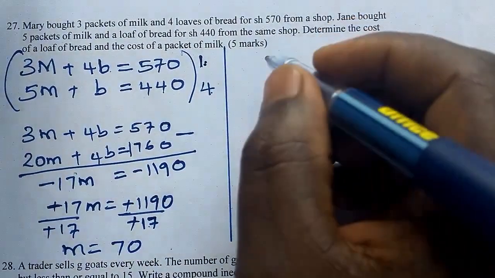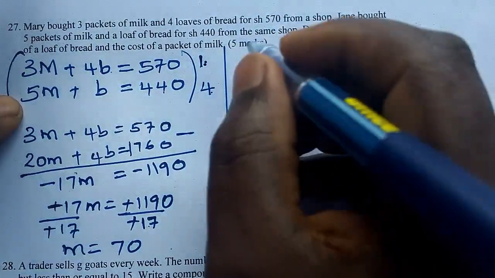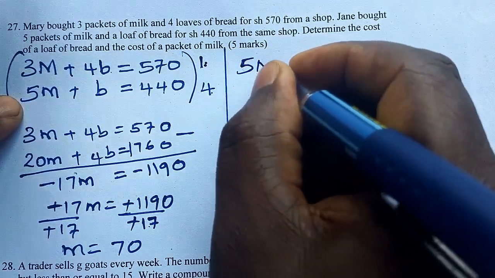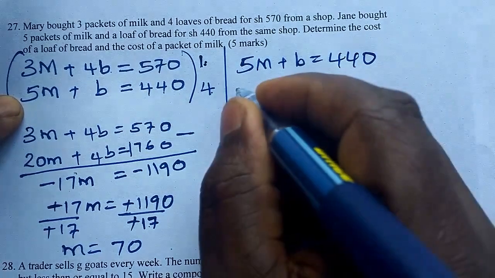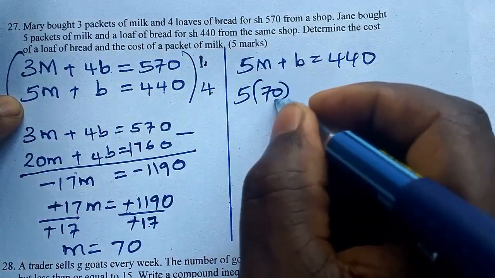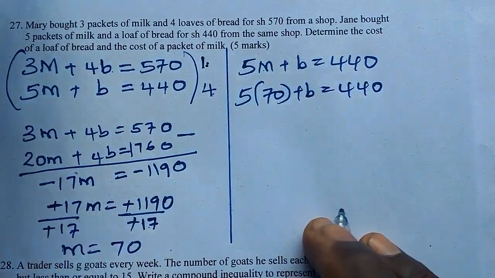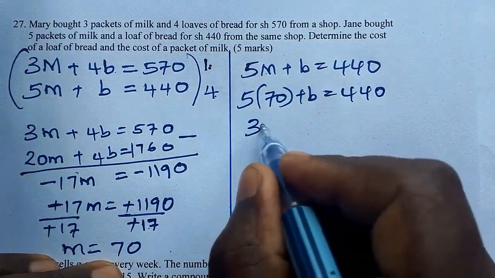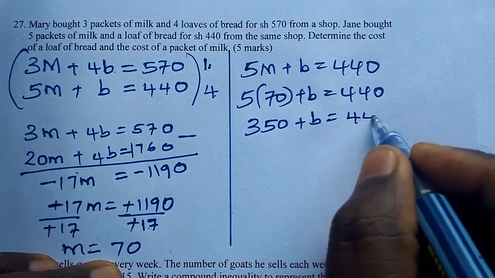Now we can substitute here at this one and get the answer. So 5m plus b is equal to 440. Instead of m, we have 70, so 5 times 70 plus b is equal to 440. This is 350 plus b is equal to 440.